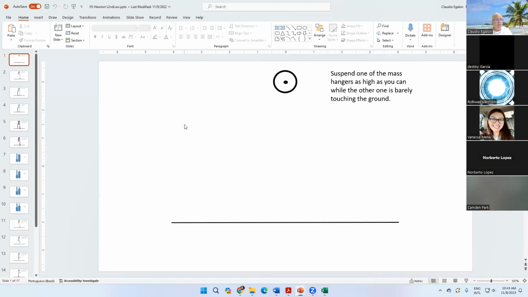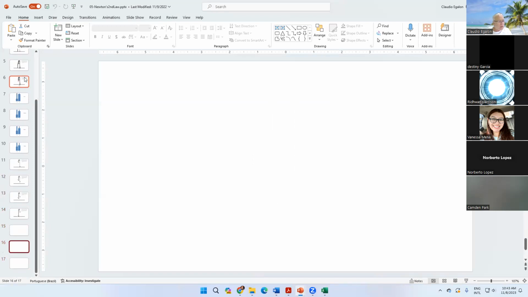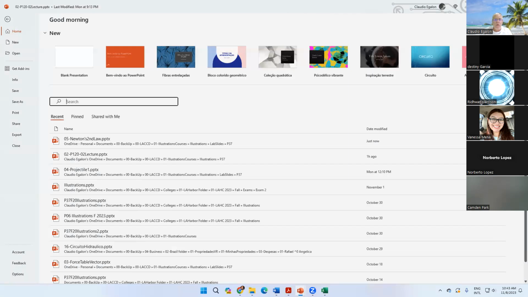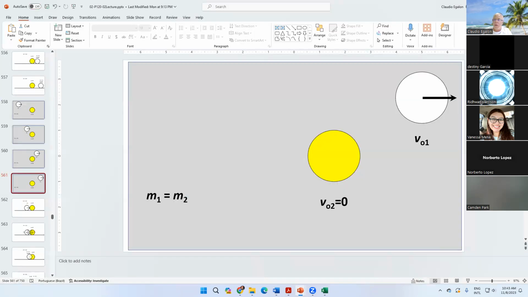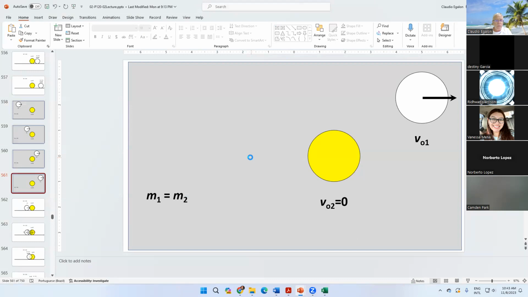I have the lab slides organized, but not the notes. Let's see if this one's a good one. Yeah, it's not complete. What a shame. I thought I had the whole thing. Let me close this one here. Wow, it's going to take a long time.